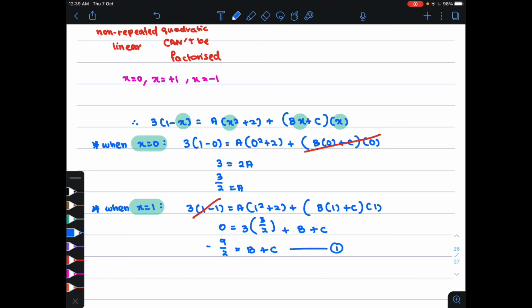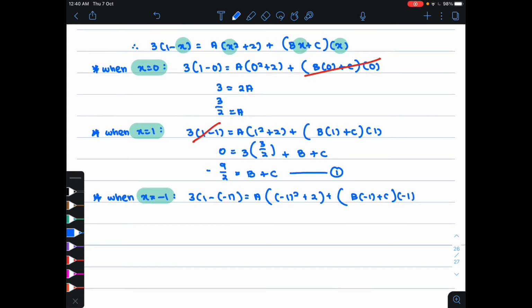Our first equation is negative 9 over 2 equal to B plus C. A is 3 over 2.